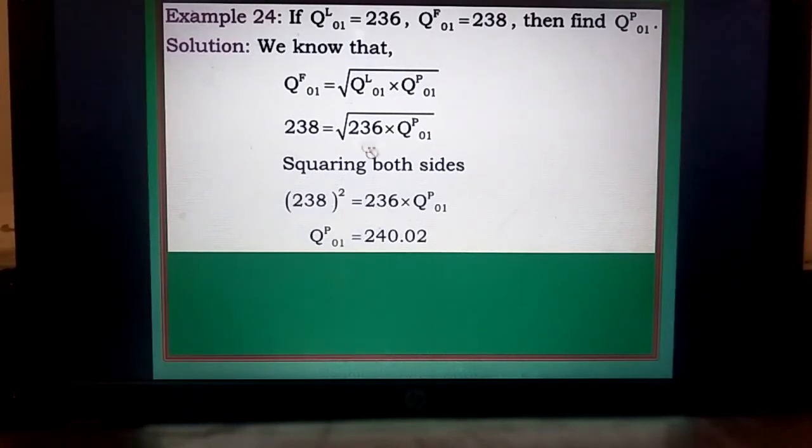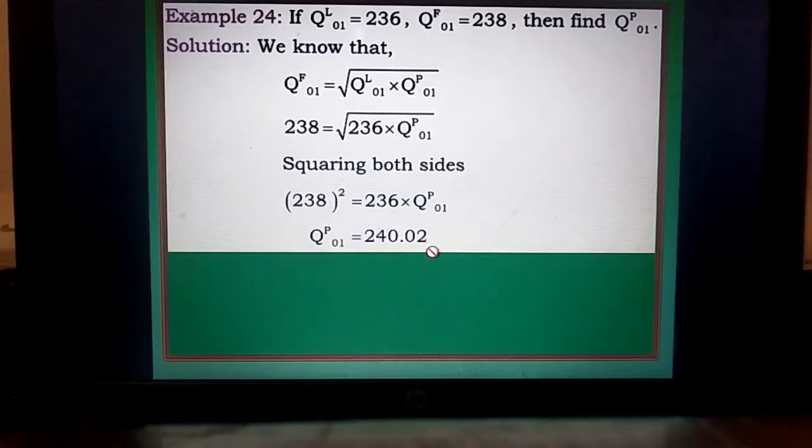That's why 236 multiplied by Q01P remains as it is out of square root. So here when you perform arithmetic calculation, that is 238 the square divided by 236, when you perform it is 240.02.